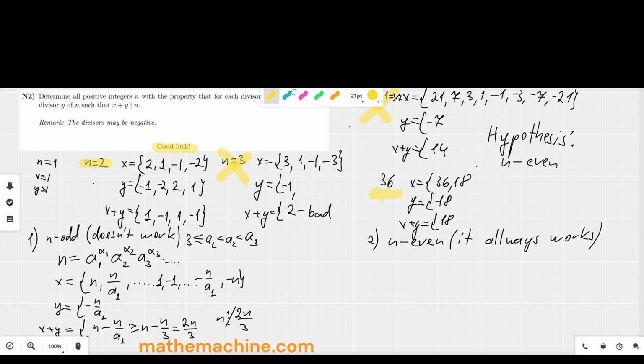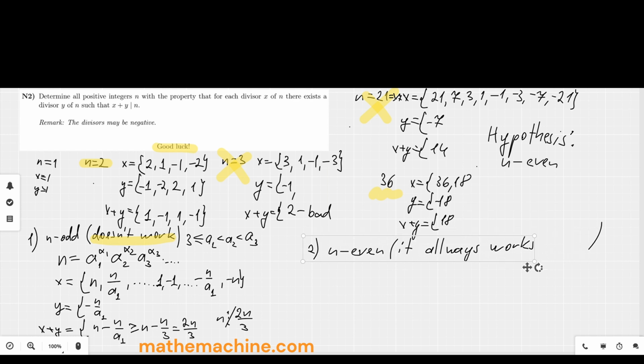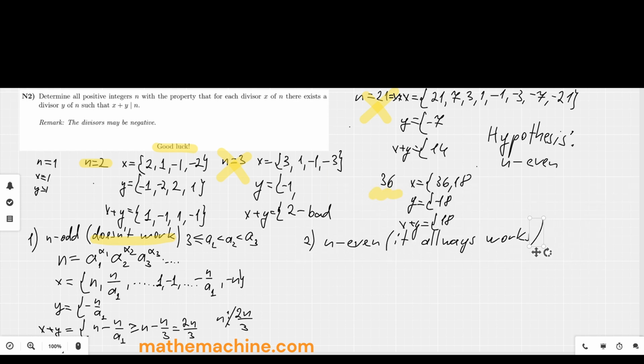So we have proven that for odd numbers it doesn't work. It never works for any odd numbers. The second thing we need to prove is that it always works for even numbers. And in order to do it, we must show how it actually works.